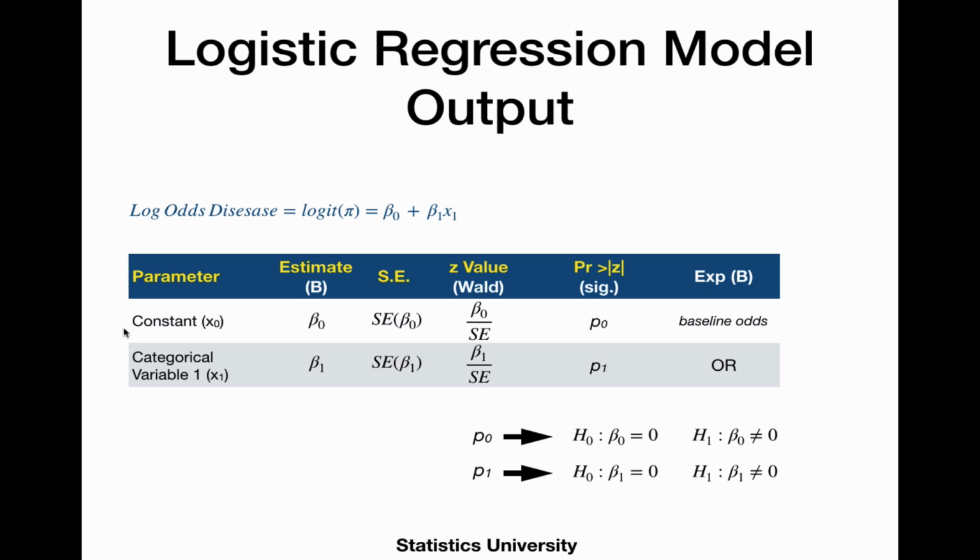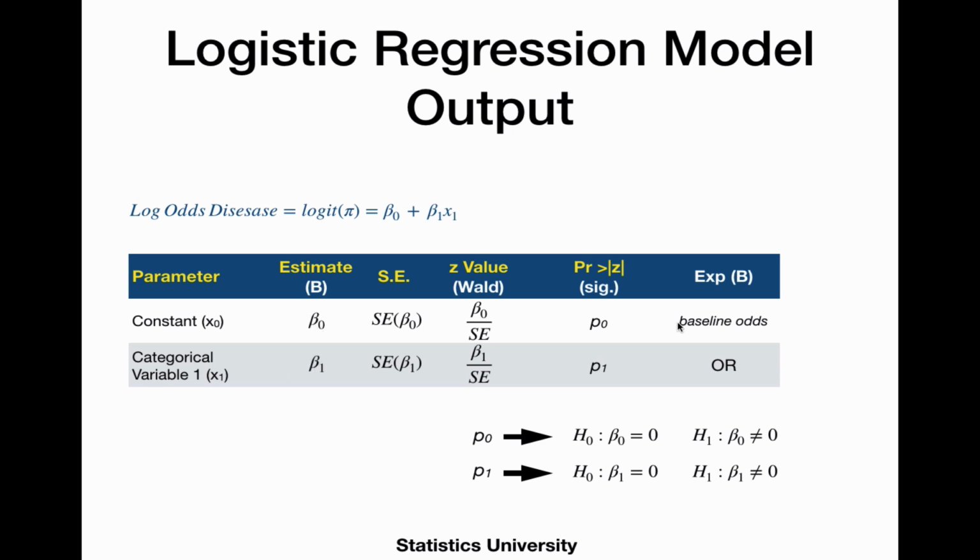And we get two different parameters from our model output. The first parameter is the constant, x0 or beta 0. And this is slightly different from the intercept in linear regression because it does not give us the baseline odds, but it's the log baseline odds.